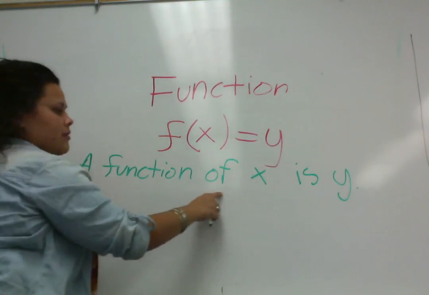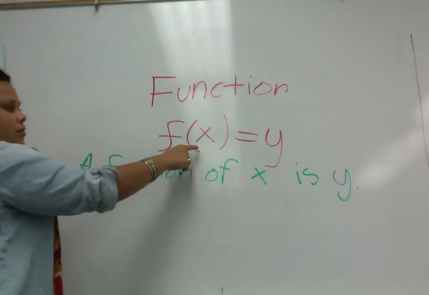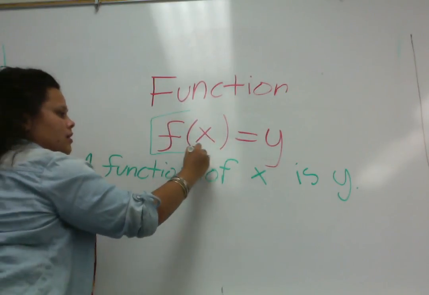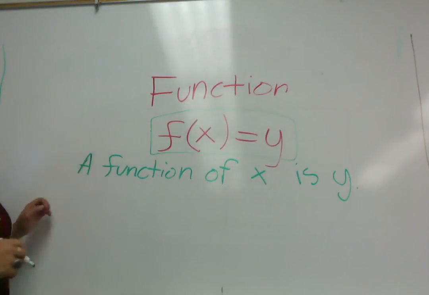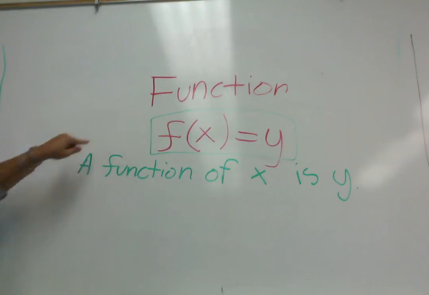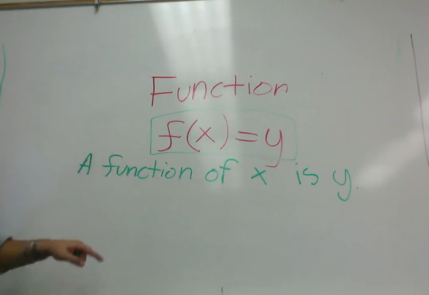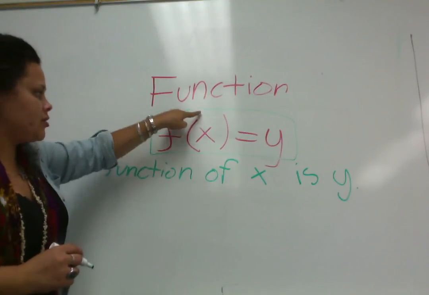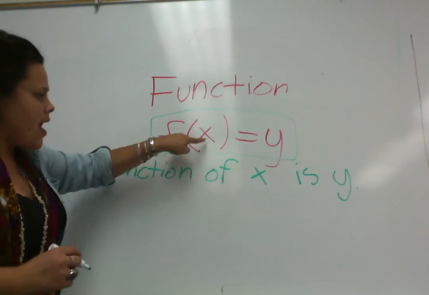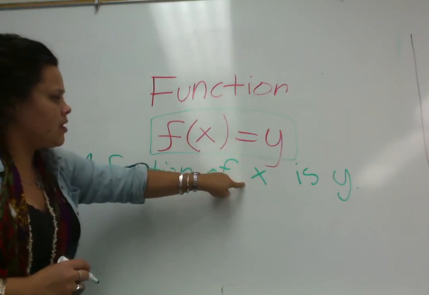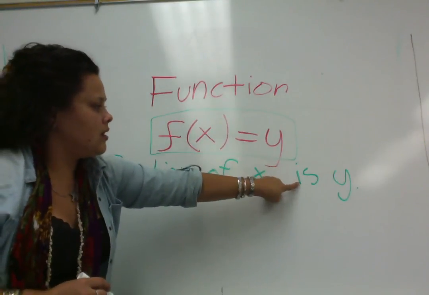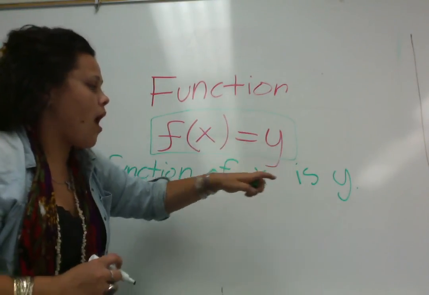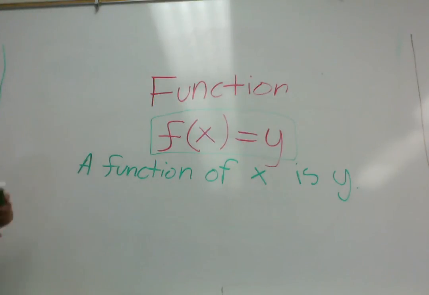So this statement in English is this statement right here in math. These are the same exact statements, except this one's in math language and this one is in English. The function is this f of x, of is the parentheses, x the input value, is the equal sign, y, our output value. So this is what a function is.